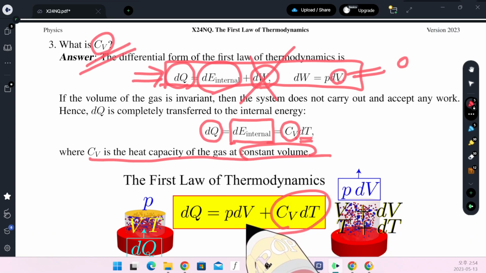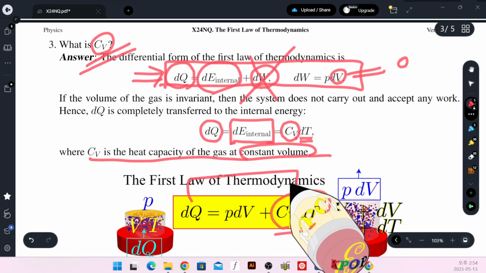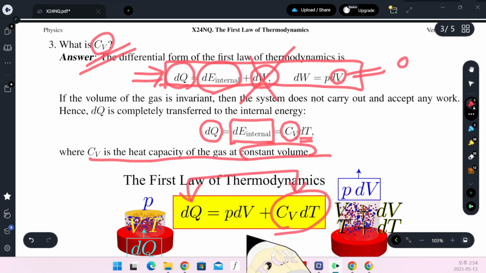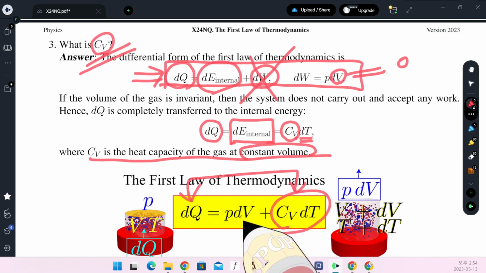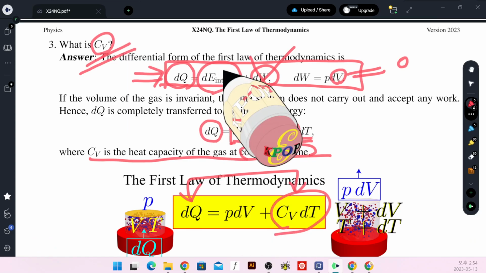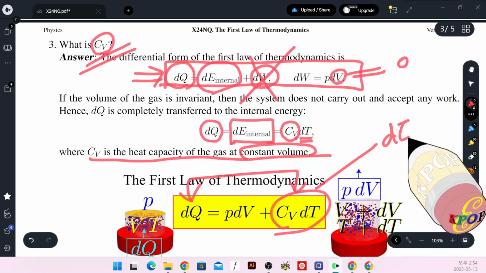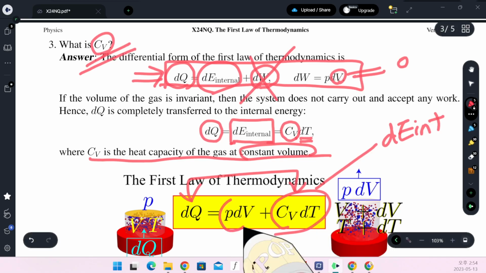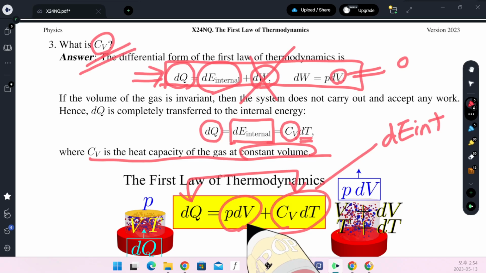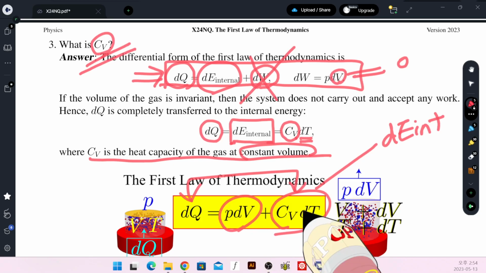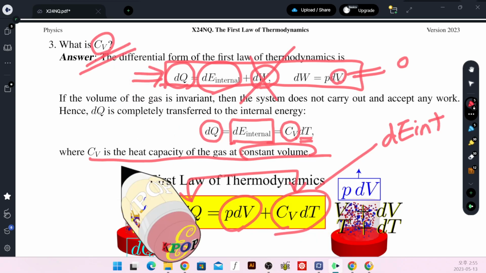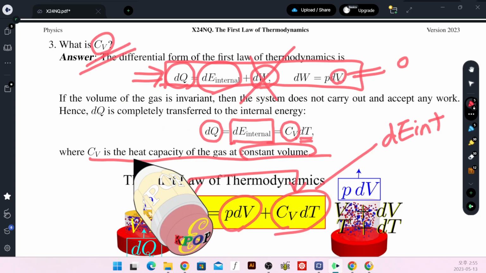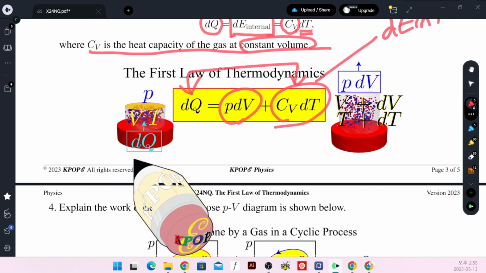When dV equals 0, they are equal. When dV is non-zero, either positive or negative, you replace the internal energy change with CV dT, but leave P dV the same. So this is the general form represented by the heat capacity of the gas at constant volume. Okay?